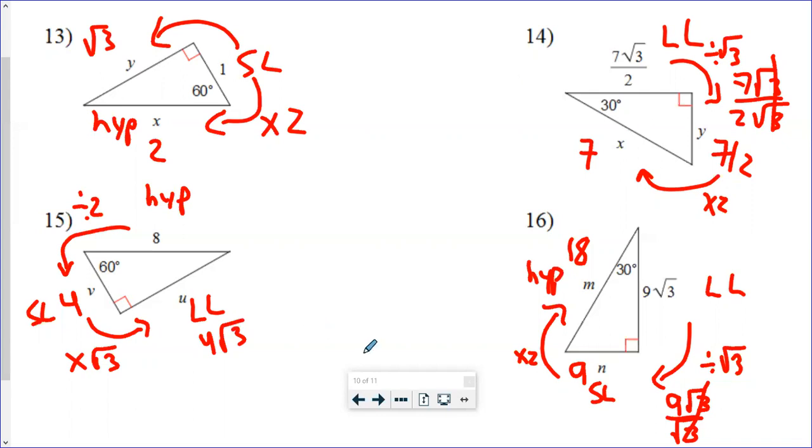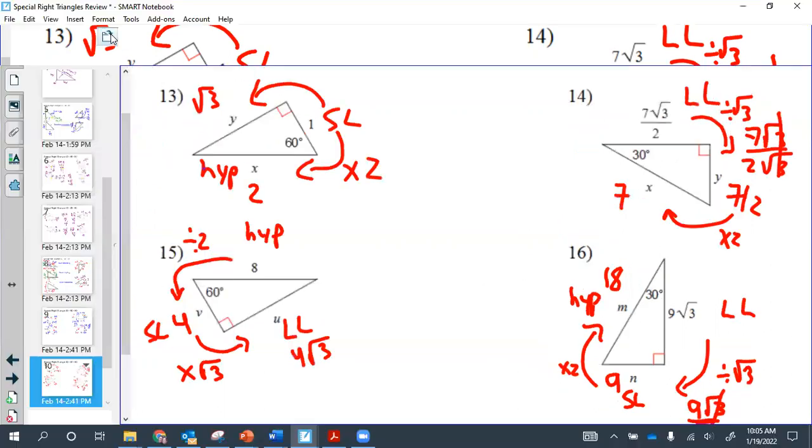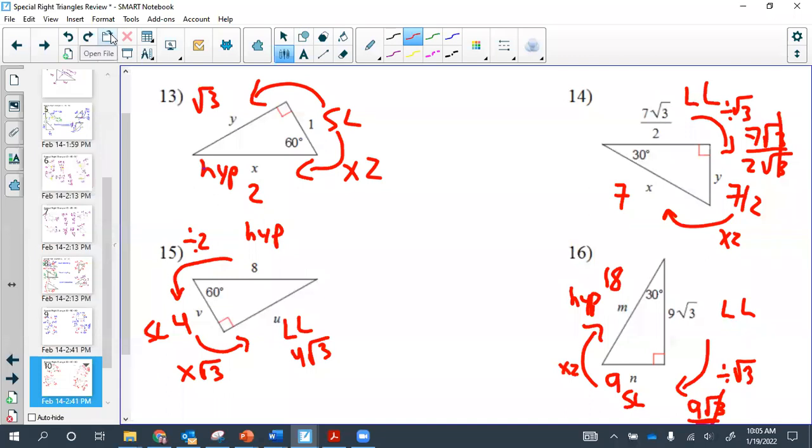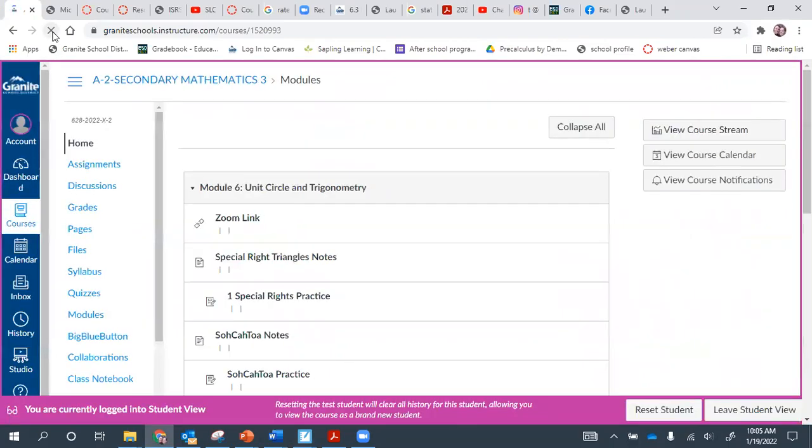All right, so guys, now you should be familiar with how to do special right triangles, okay? The hardest part about them is not necessarily remembering what goes where, but the simplifying. So let me show you something here. I'm going to show you our Canvas page and what your homework is going to be.